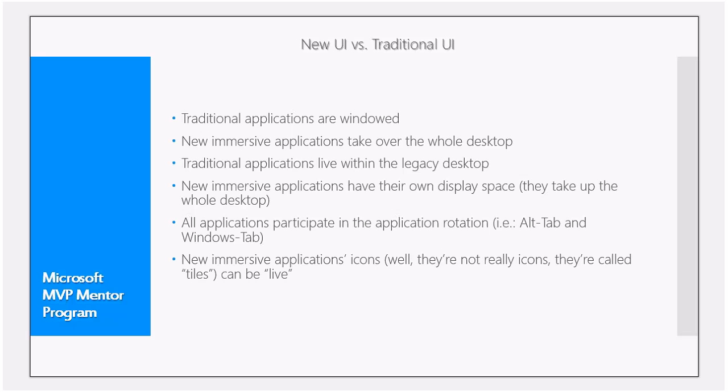And all applications, whether it's a traditional UI or a new UI, participate in the application rotation. You can switch between tasks just by pressing Alt-Tab and Windows-Tab. And the new immersive applications have something similar to an icon, but it's not an icon as such. It's a tile. And the cool thing about having tiles is that it allows you to have dynamic content, which can be pulling information from the internet, for example.